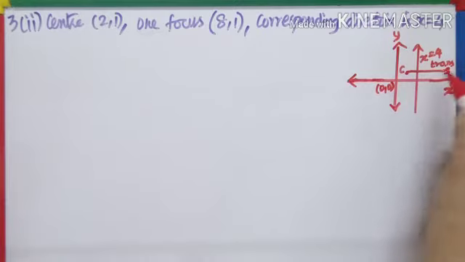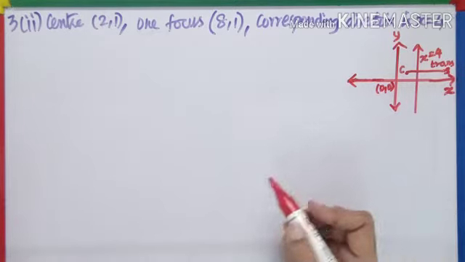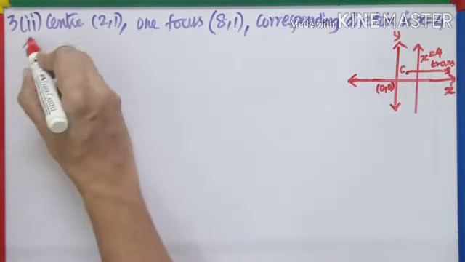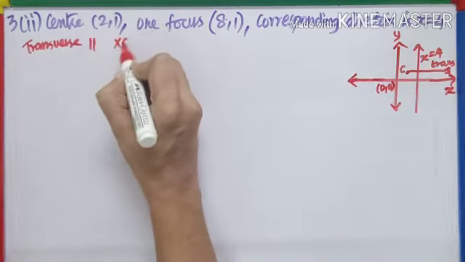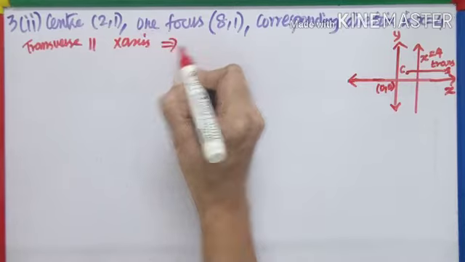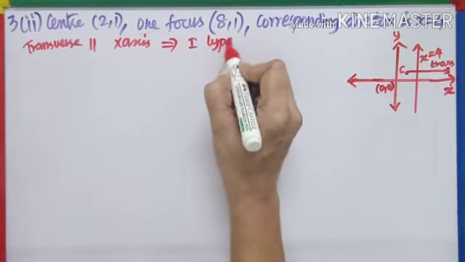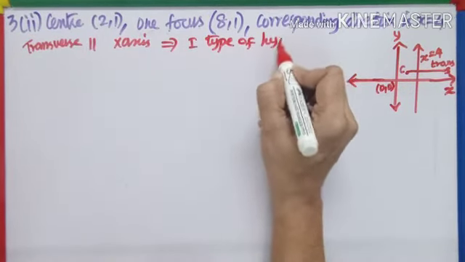This line is parallel to the x-axis, so it is the first type of hyperbola.